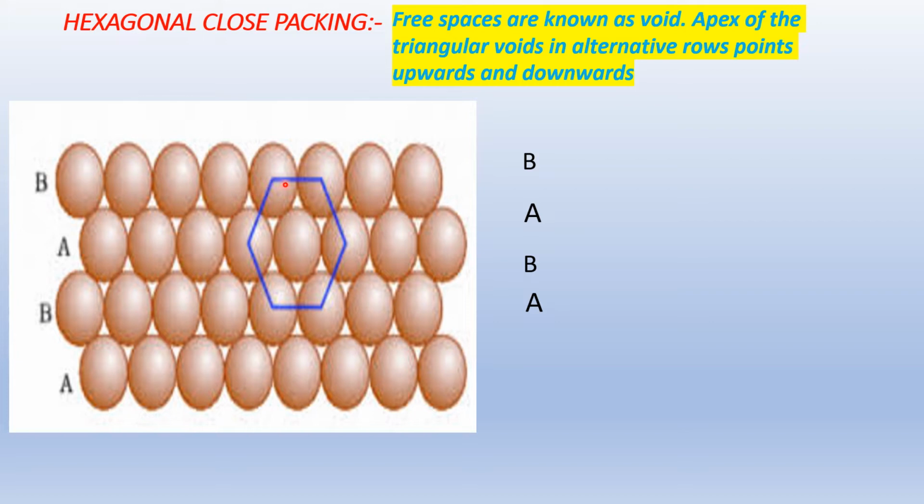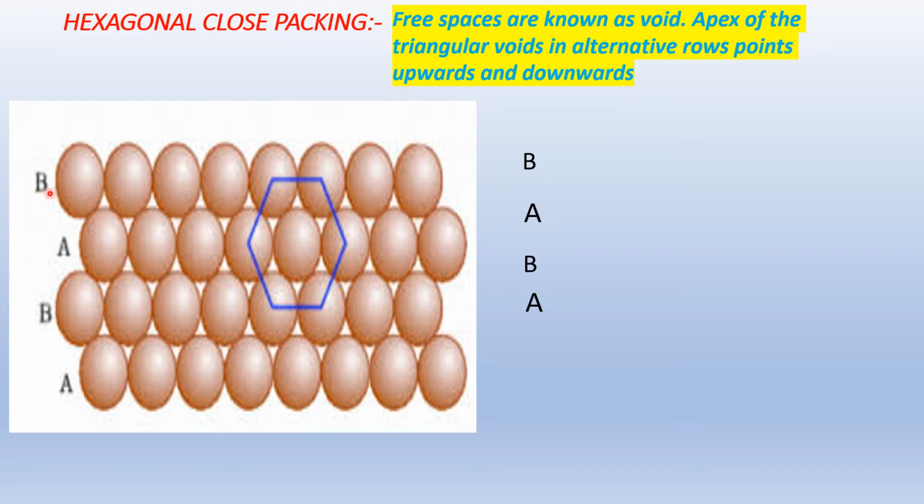Here, what is hexagonal close packing? Hexa means 1, 2, 3, 4, 5 and 6 points are attached surrounding a single crystal point. This one single point has 6 neighbors attached around it.